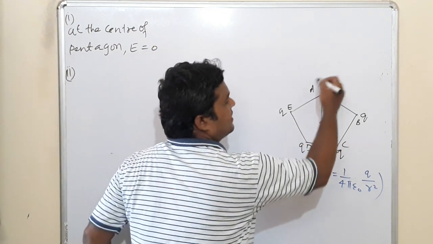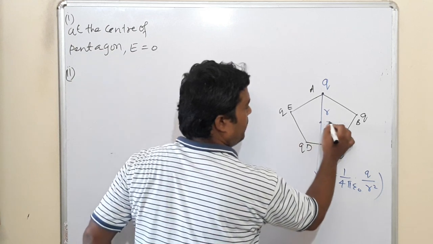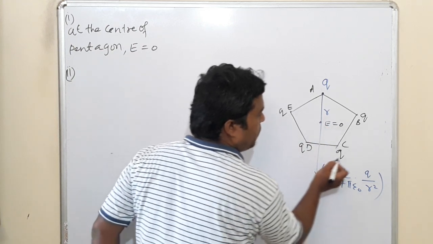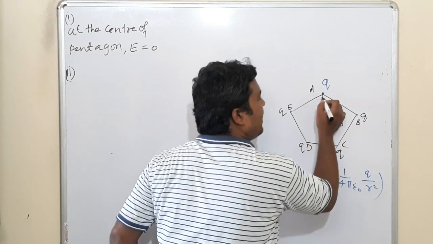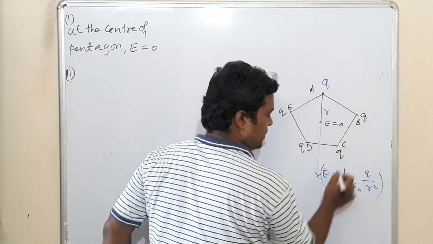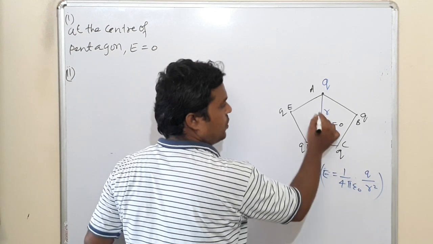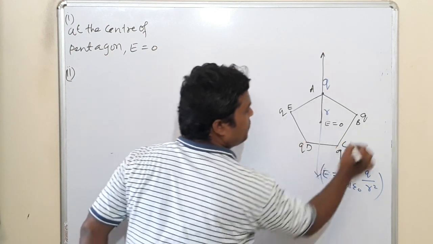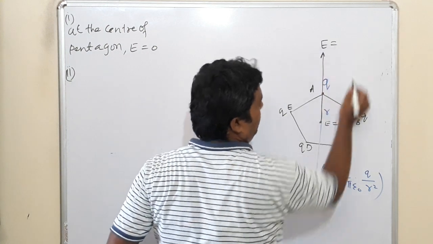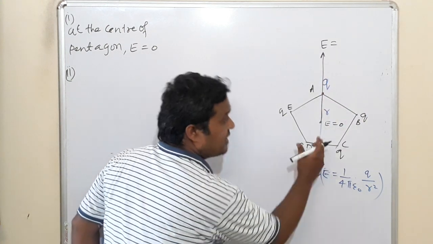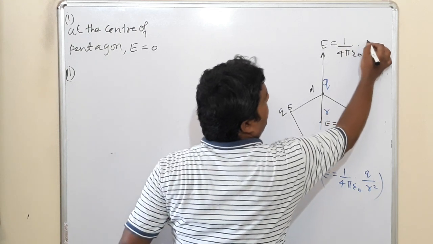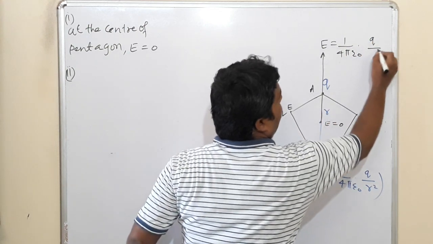If this charge is removed, to make the center electric field 0, all these 4 charges together will make the electric field how much? Suppose the center electric field must become 0, means all these 4 charges should make an electric field which is equal to this and opposite to this, 1 by 4 pi epsilon naught Q by R square.